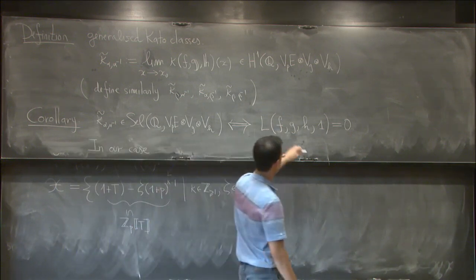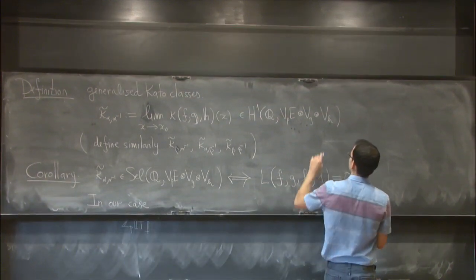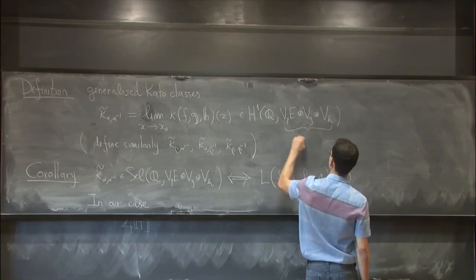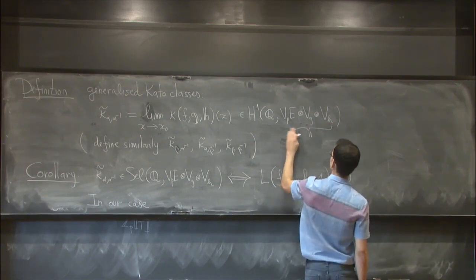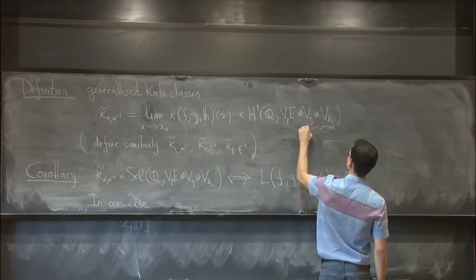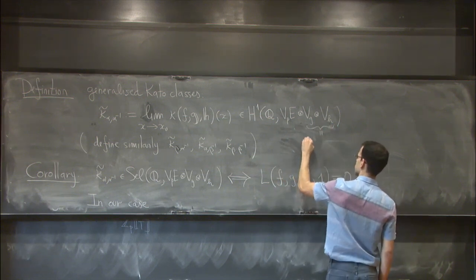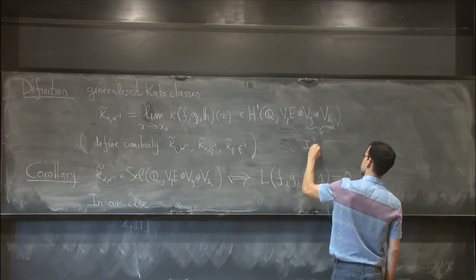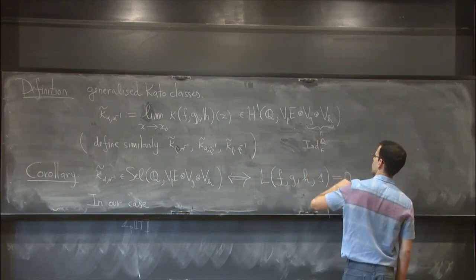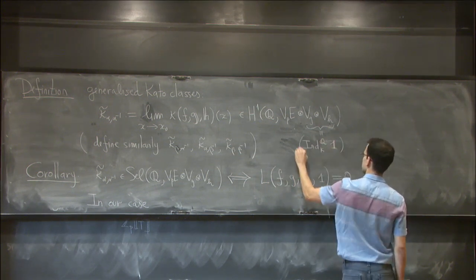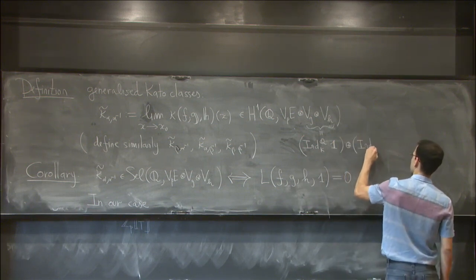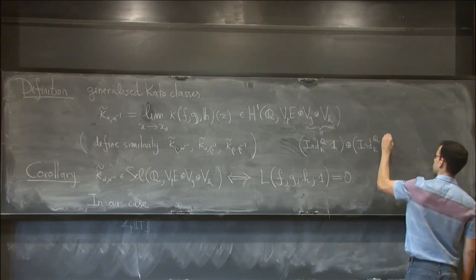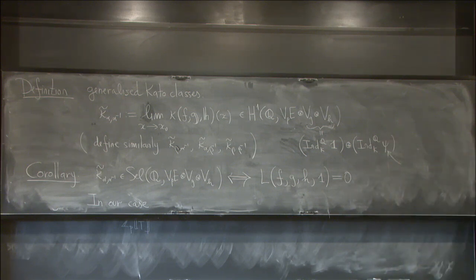this triple tensor representation will actually break as a direct sum of induced representations. So this will be induced from K to Q of the trivial character, direct sum induced from K to Q of some character that I denote by psi, which will be a ring class character.